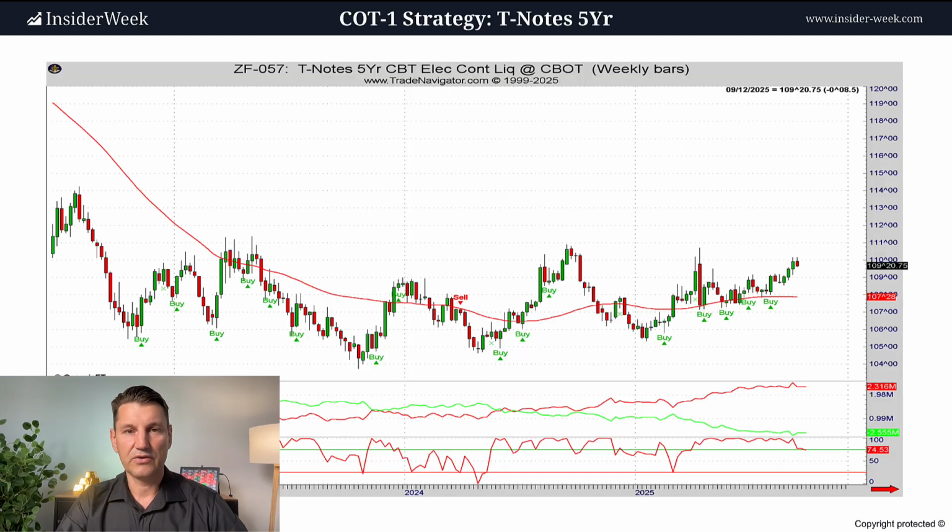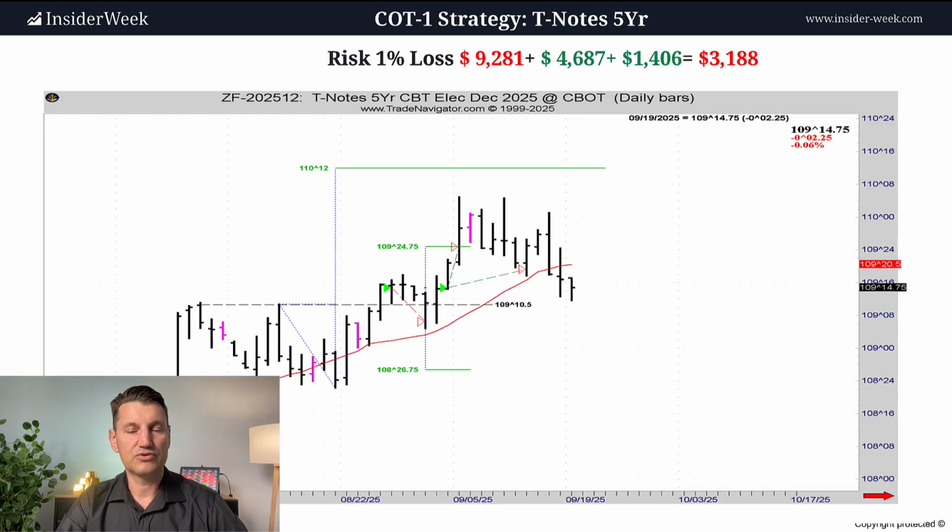Here you can see my first trade in 5 years T-Notes, weekly chart. I first analyze the weekly chart, the CFTC data and the trend structure, then I switch to the daily chart and plan my trades based on technical analysis. Here you can see I was stopped out with my remaining 10 contracts last trading week and made a profit of $1,406.